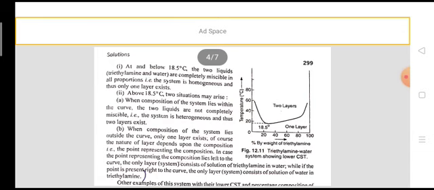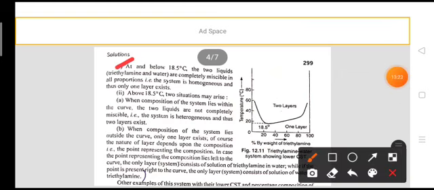At and below 18.5 degrees centigrade, the two liquids are completely miscible in all proportions. That is, the system is homogeneous and thus only one layer exists.